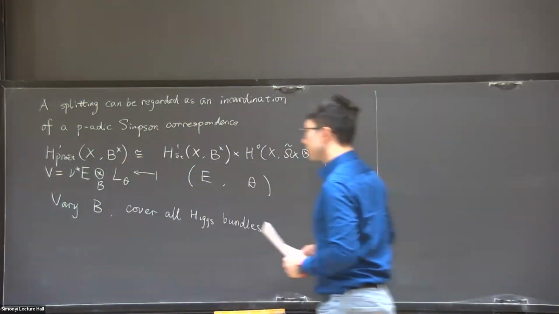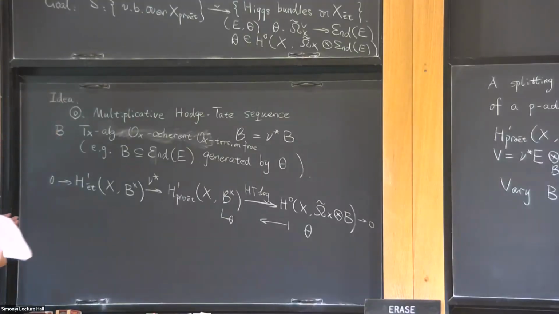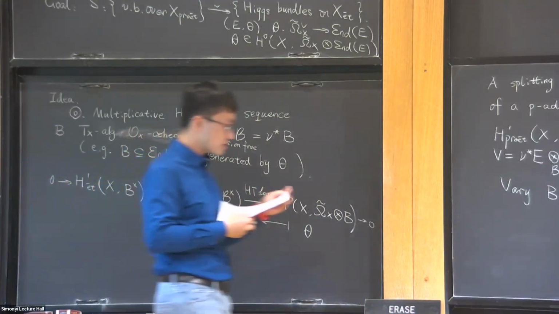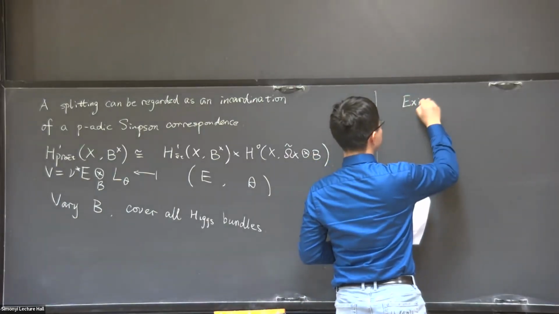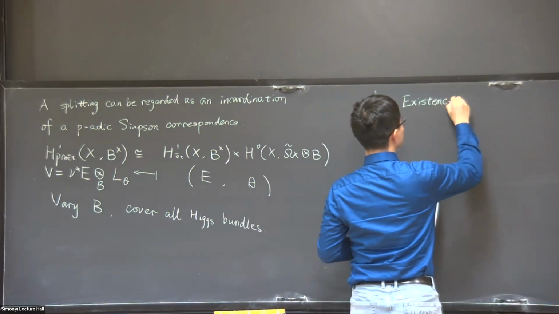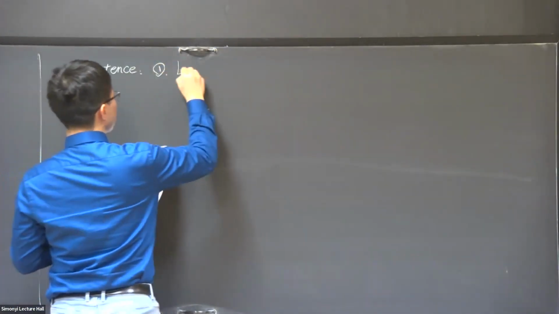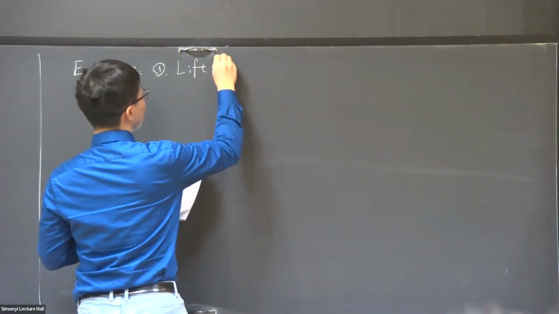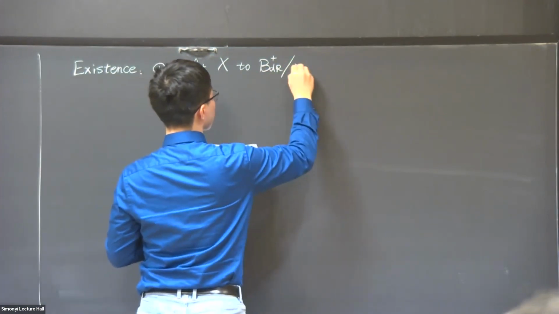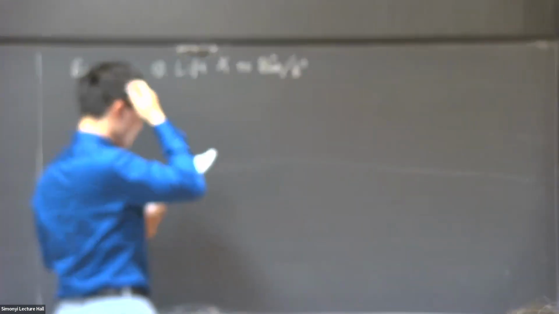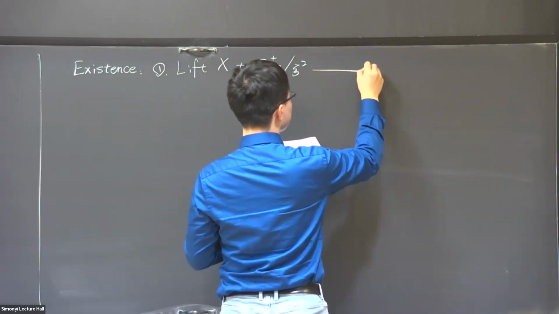Okay, so we would like to find a splitting of this multiplicative Hodge sequence. The existence of such a splitting, however, uses the following key ingredients. First, we can pick a lift of X to B+ modulo ξ², where ξ is the generator of the kernel of Fontaine's θ map.